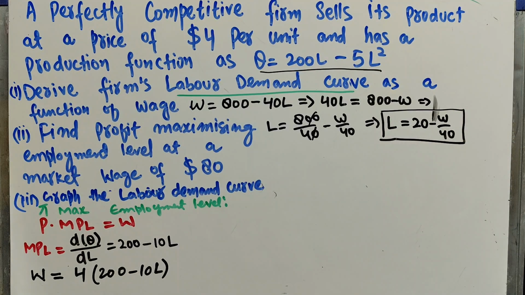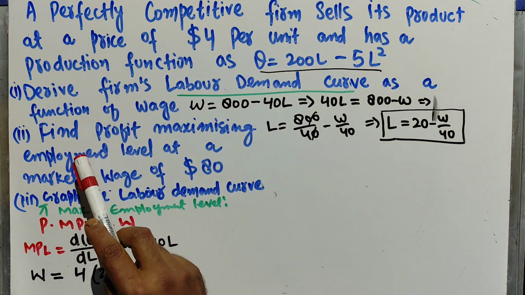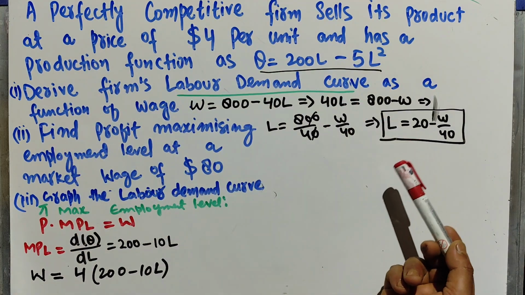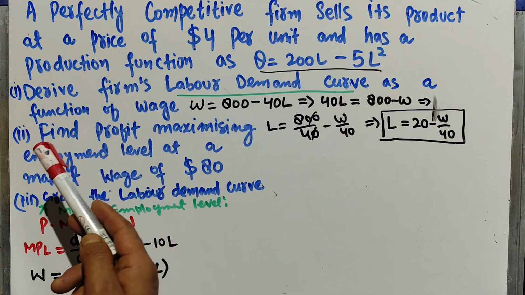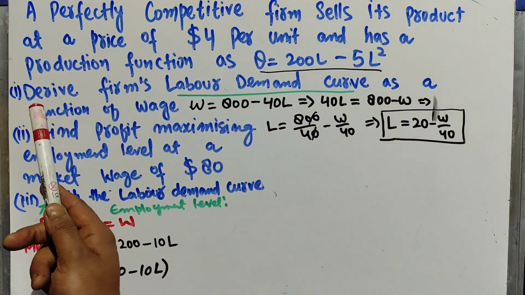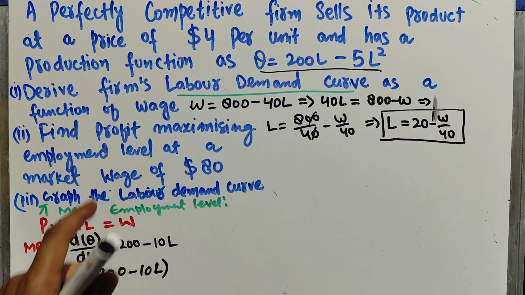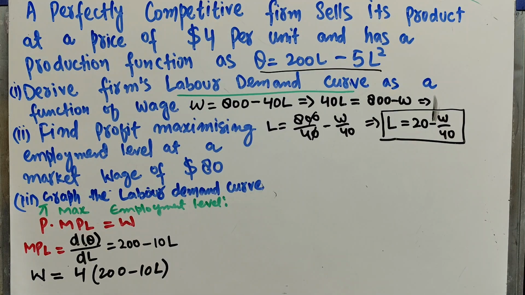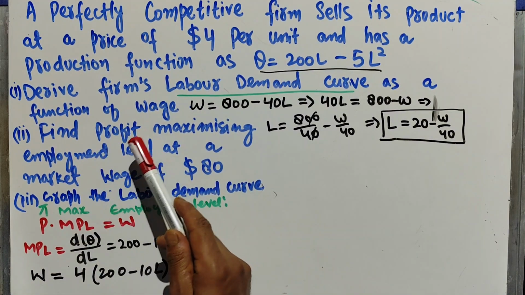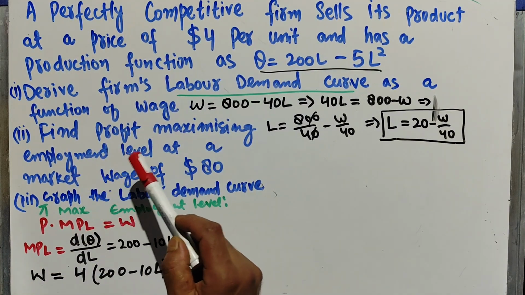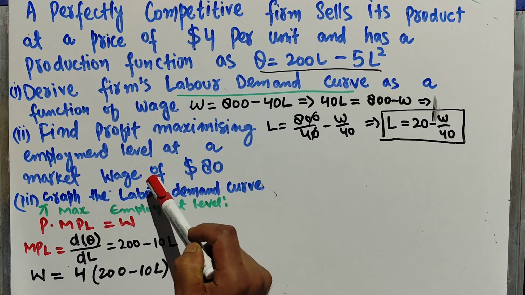Here you can see labor is a function of the wage rate, which was required: to derive the firm's labor demand curve as a function of the wage rate. Next, we need to find the profit maximizing employment level at a market wage rate of $80.